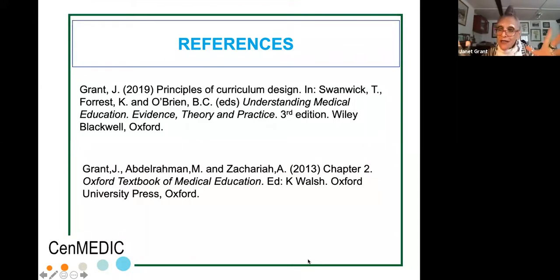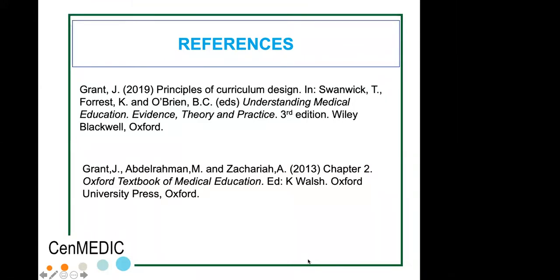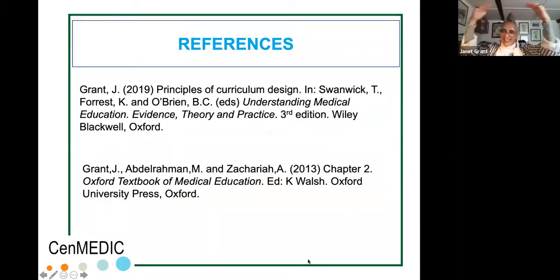But a contextual curriculum, in the end, has to have a curriculum plan. It has to have a timetable. It has to have the allocation of the simulation suites or the lecture theatres or the small group rooms or the community attachment or students going out to the laboratories or the wards. You have to have, in the end, a timetable.